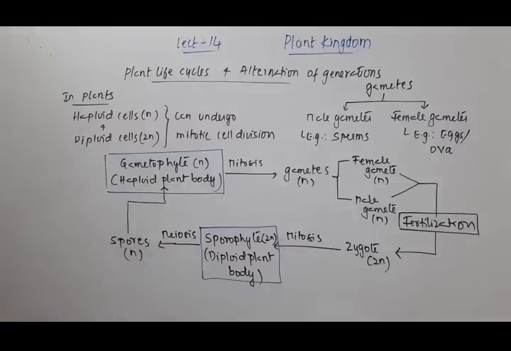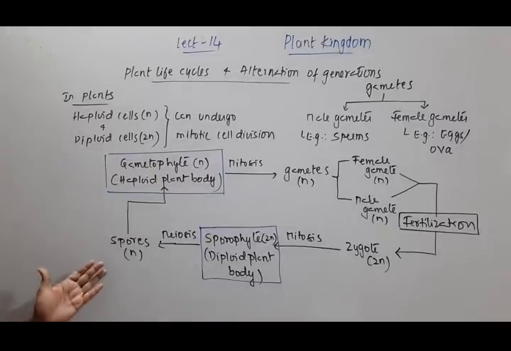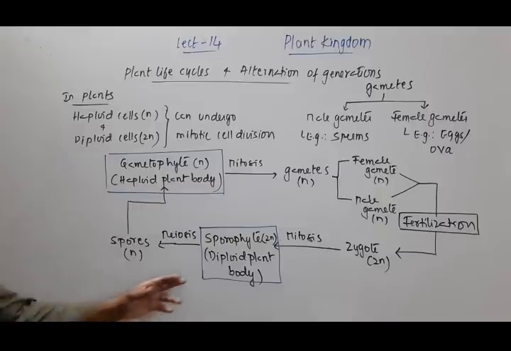Now in different groups of plants, they show different patterns. In some groups you will see the gametophyte living for a longer time and the sporophyte living only for a short period of time. In some other groups you will see the sporophyte living for a very long time and the gametophyte living only for a short period of time.